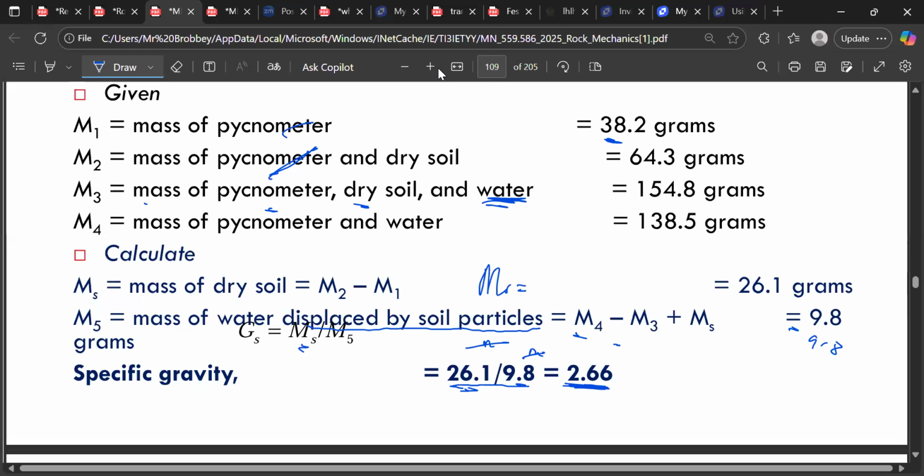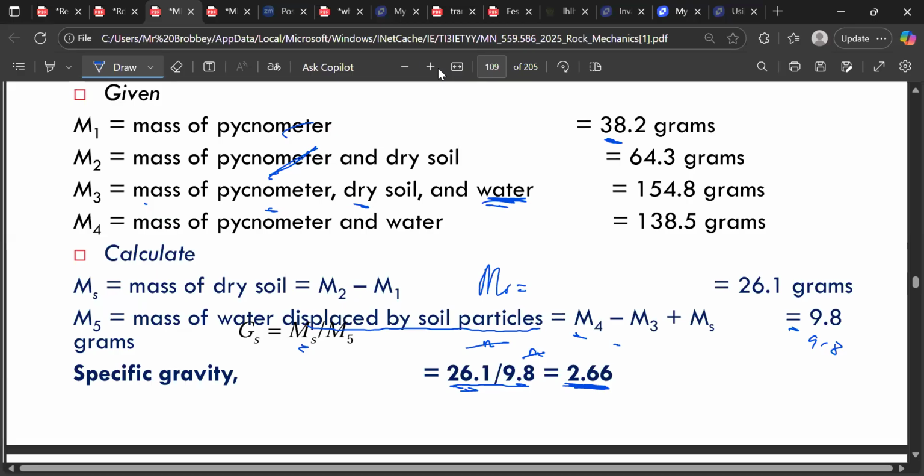I think he subtracted M4 minus M3. At the end of the day, with the M4 you have the mass of pycnometer and water, and the M3 is the mass of pycnometer, dry soil, and water. So even with the M3, you are having three different kinds of volumes.